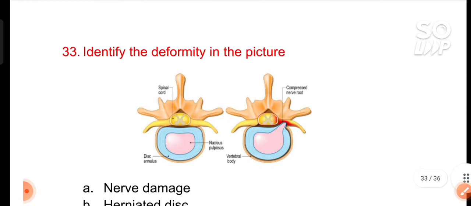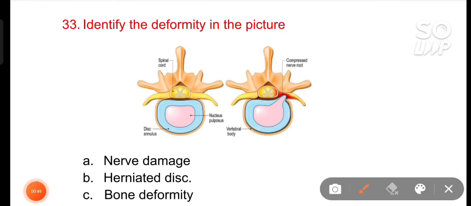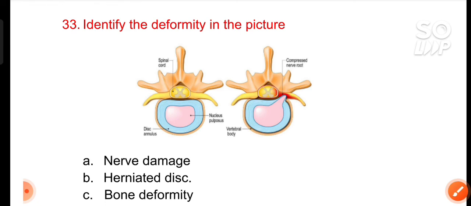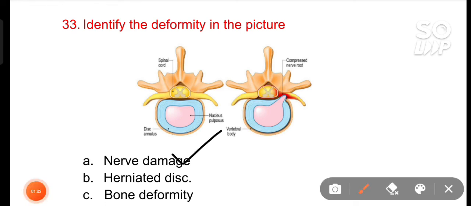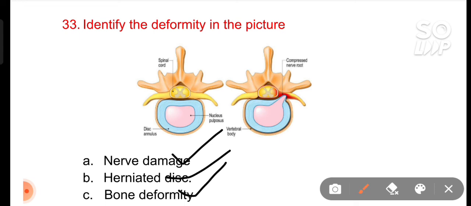The next question is: identify the deformity in this picture. Here we have two vertebral bones, a disc and the spinal cord. The options are nerve damage, herniation of the disc, option C bone deformity. The right option is herniated disc.